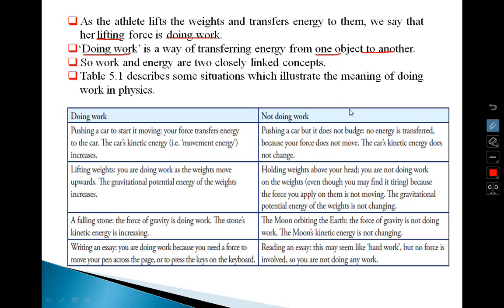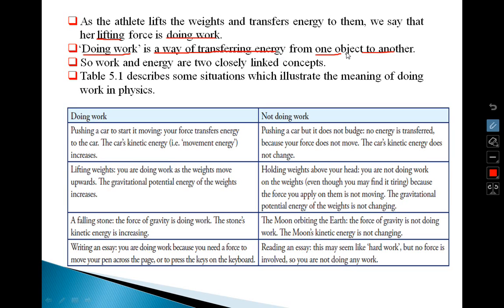As we saw in the last figure, energy is transferred from her body to the weights. So work and energy are two closely linked concepts. They are very close to each other.